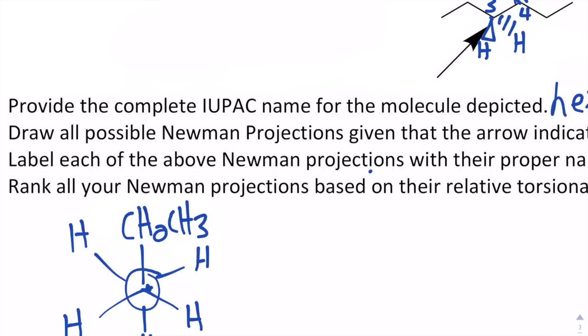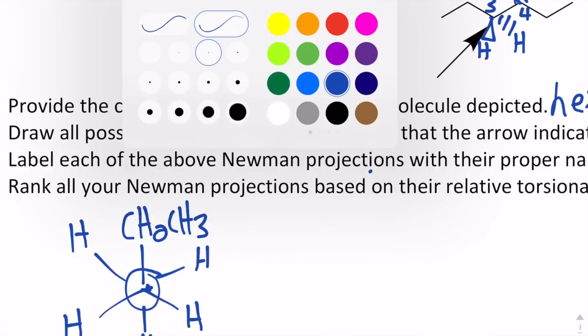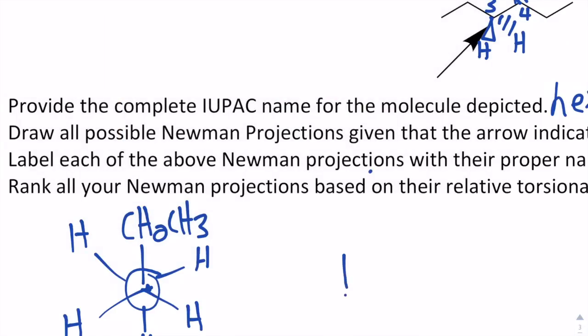And if I were to draw the remaining Newman projections, the only way to do that is by keeping one of the carbons constant, and then rotating the other one 60 degrees at a time. So let's say I'm going to keep the front carbon constant. There's no reason that I picked the first carbon; you could have picked the back carbon as well.